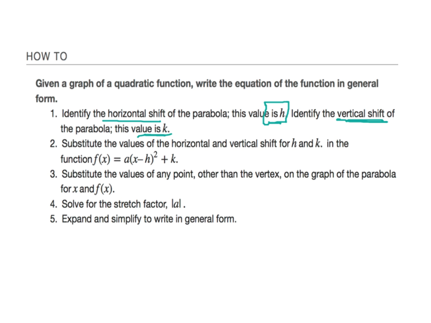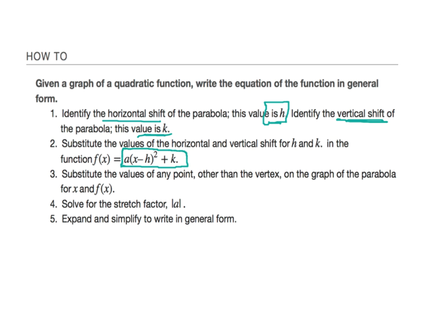So all you have to do is look and see, okay, where has that vertex moved to? And that's going to be your h and your k when you're dealing with this version of the quadratic. So you're going to substitute the h and the k in there. And then all you need to do is figure out, okay, well, what's my a value? Have I reflected, stretched, or compressed?